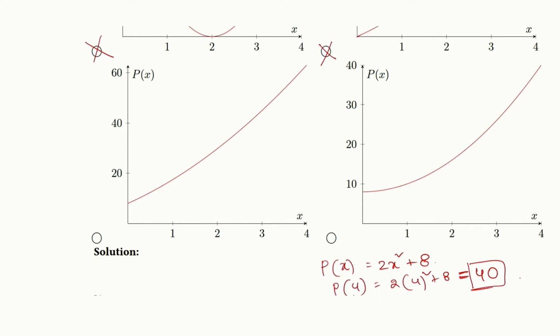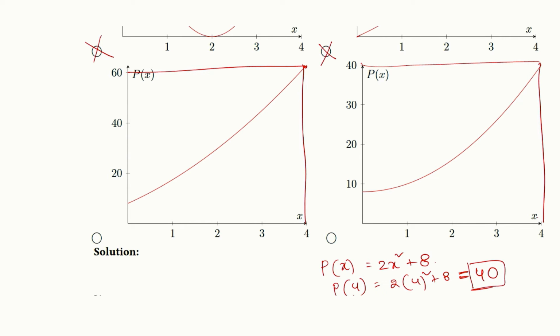So if I compare option 3 and option 4, in option 3 it's almost touching 60. But in option 4, it gives me 40 exactly. Also it cuts the y-axis at (0, 8). So option 3 can also be ruled out. So considering the 4 options, option 4 will be the best representation for p of x.